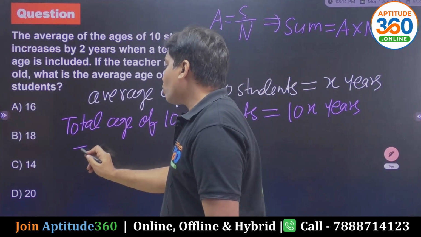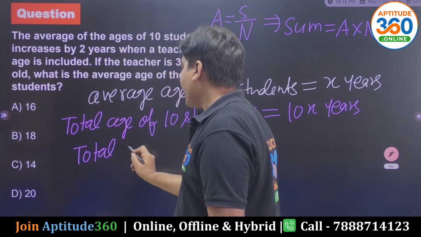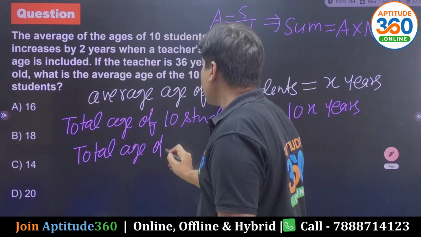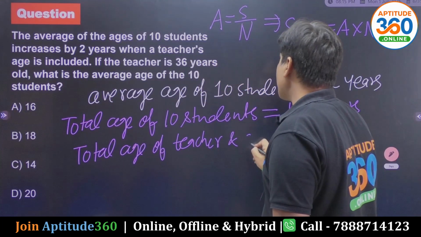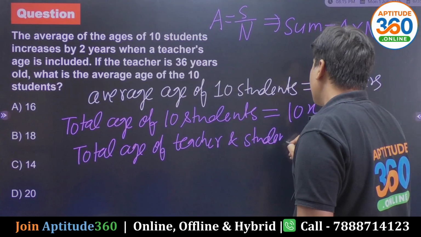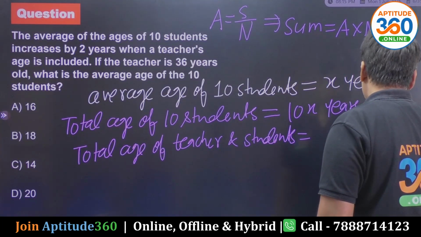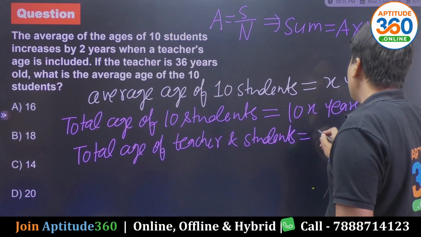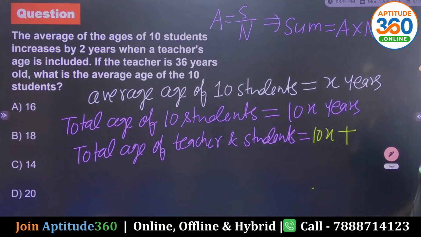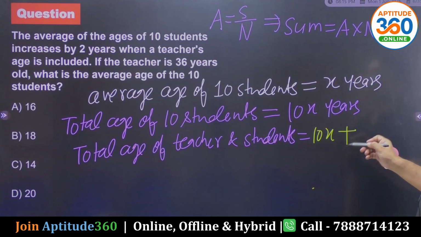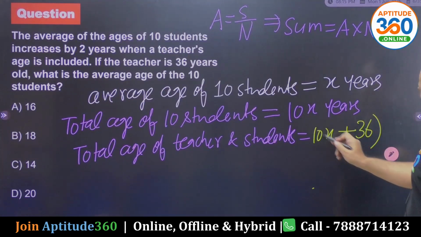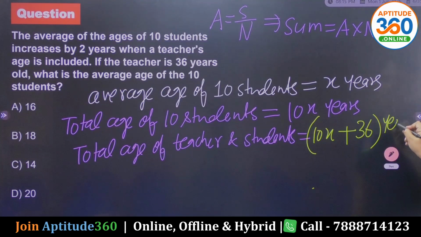So total age of, I would say, teacher and students collectively, that should be 10x. 10x is the total age of 10 students, and the teacher is 36 years old. So this is going to be the total 36 years, isn't it?